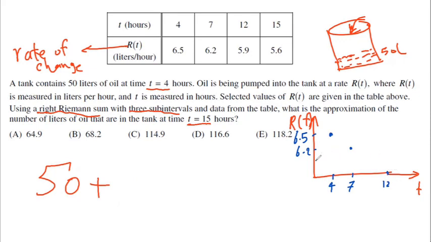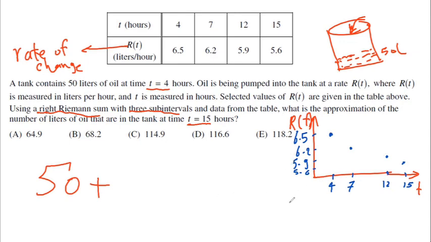So that will be a bit below 5.9. Then 15, 5.6. Again, that's below. That doesn't mean that we're decreasing. Actually, we're increasing the amount of oil. It's just happening at a decreasing rate, as you've studied in differentiation before.